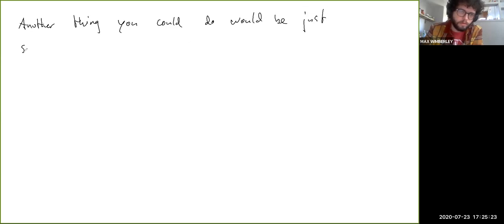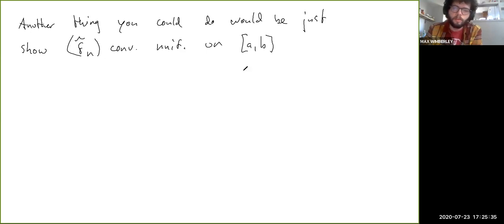Another thing you could do is just show that fn tilde converges uniformly on AB, which I think might not be too bad.